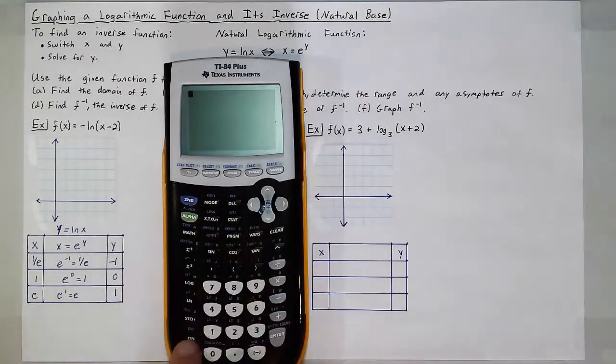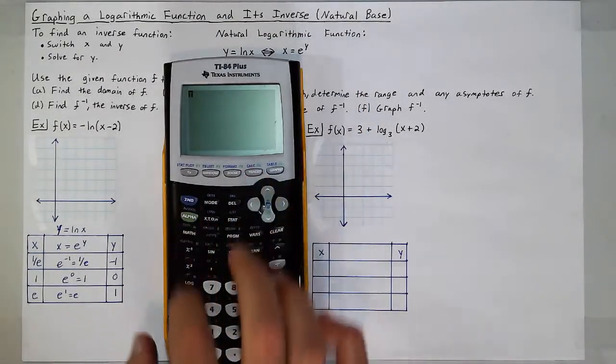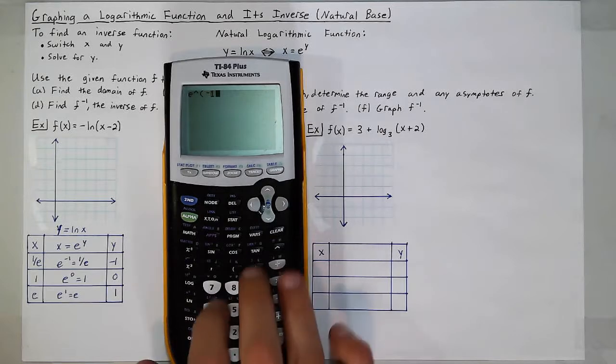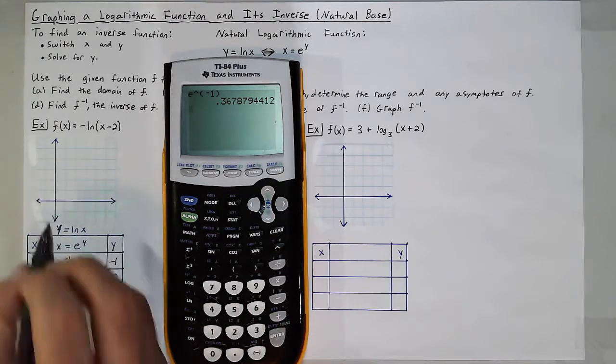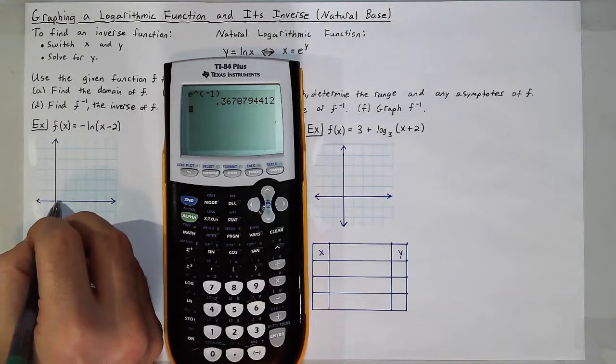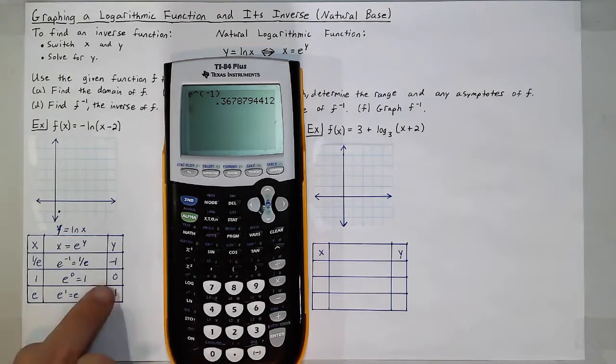So if I do e to the negative 1 power, I get 0.36. So when x is 0.36, y is negative 1. So 0.36, about a third over, down to negative 1. When x is 1, y is 0.